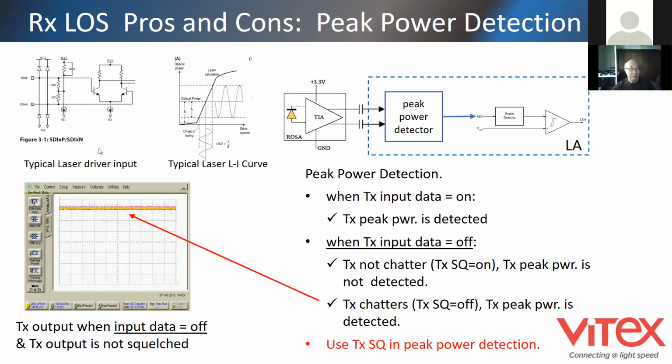This is a very typical laser driver input circuit. You can see the bias voltage is here. They are both very closely together, the data and data bar. So under some conditions, when there is no data coming in, but the transmitter is in a noise environment, for instance, there is some noise spike here, it can trigger the modulation onto the laser.